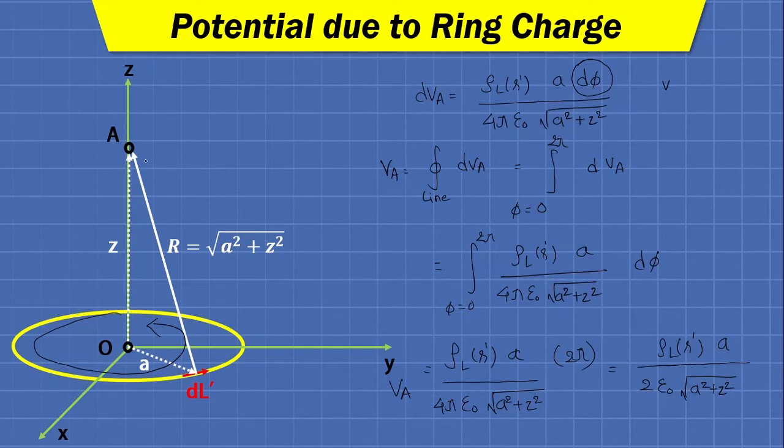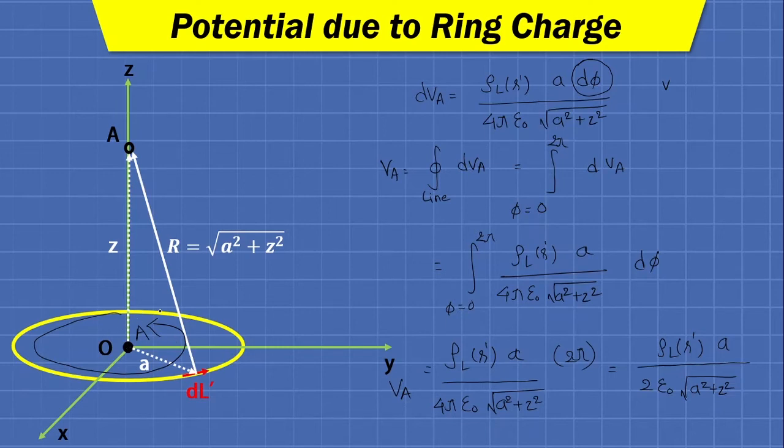If the point of interest, say our point A, is on the origin, that is the center of the ring, then the value of z will be 0 and our equation will be rho L r prime divided by 2 epsilon 0 a. Fine. So the potential at the center of the ring is inversely proportional to the radius of the ring.